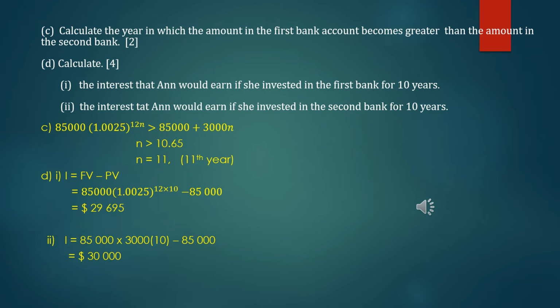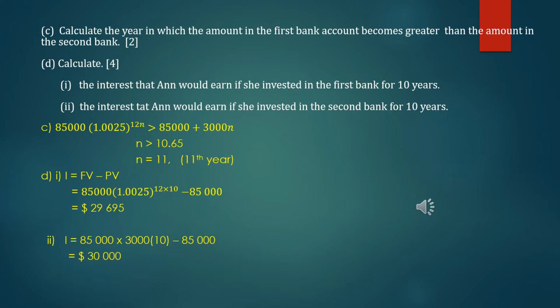The expression we used previously is 85,000 times 1.0025 raised to 12n, and that must be greater than 85,000 plus 3,000n. This gives us n approximately 10.65, but we're looking for the year in which this happens, so that occurs on the 11th year. On the 11th year, you really have your amount greater in the first bank than in the second bank.